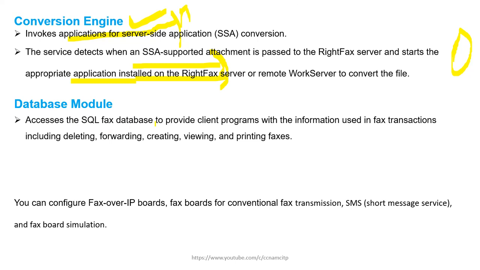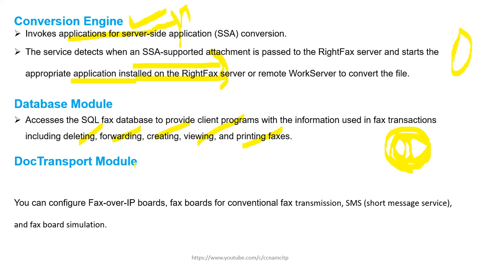That is what I have mentioned here. It accesses the SQL fax database to provide client programs with the information used in fax transactions, including deleting, forwarding, creating, viewing, printing. Whatever we are doing, that information will be stored on SQL Server, and we need one database on SQL Server. That is why this service is required.